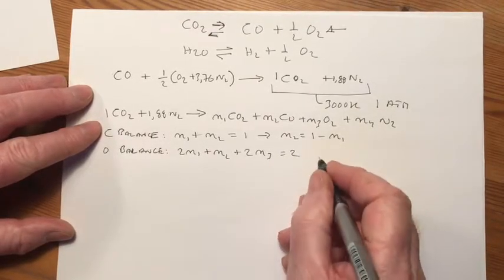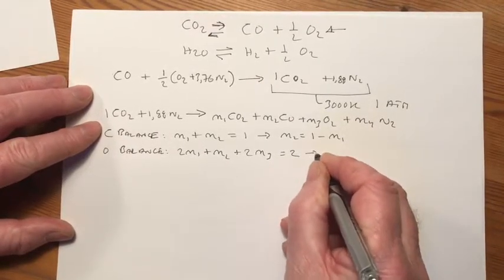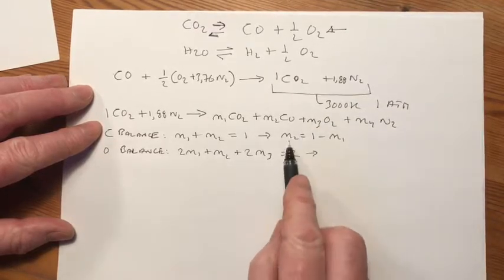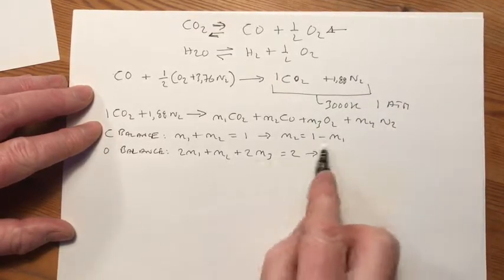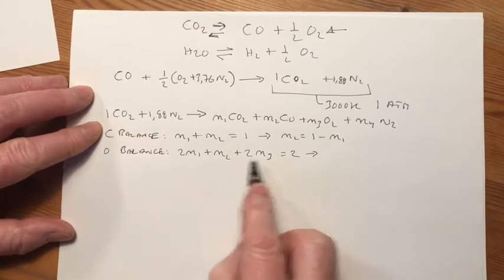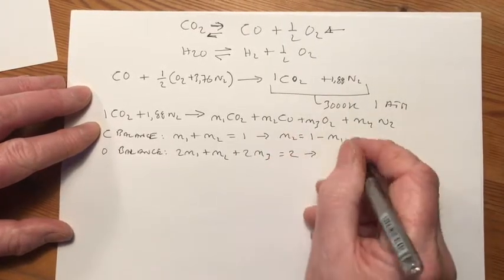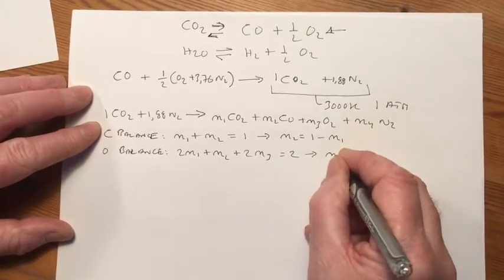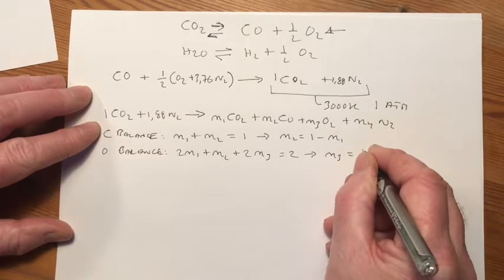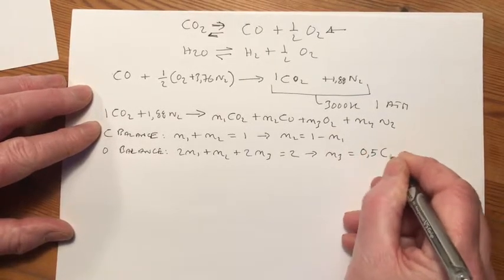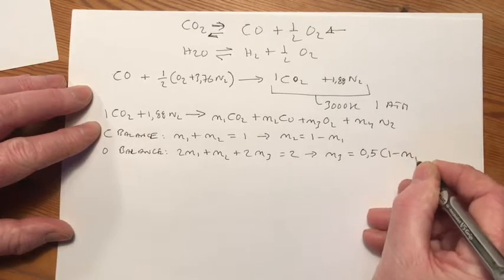Okay, so if we take our N2 and plug it in there, and we have 2 times N1, then we'll find out that N3 is equal to 0.5 times 1 minus N1.